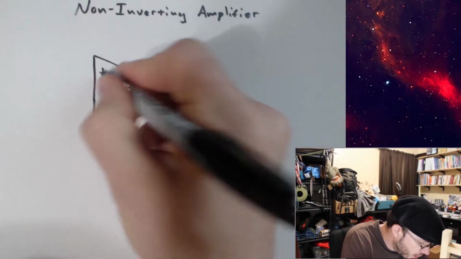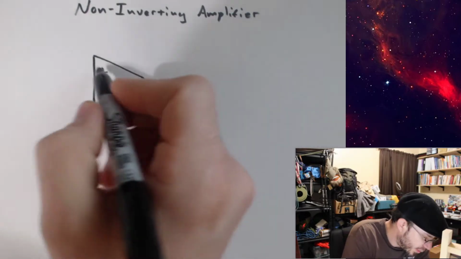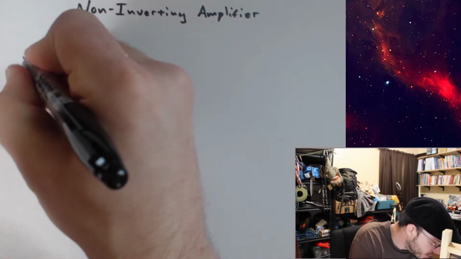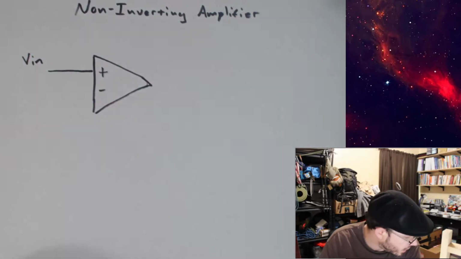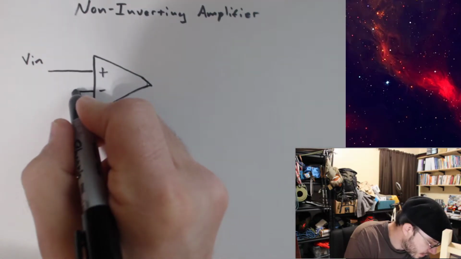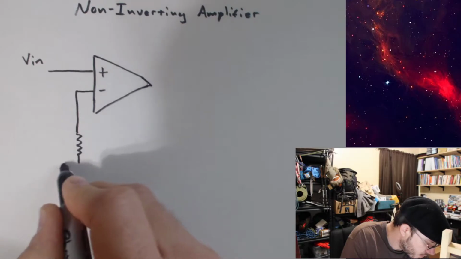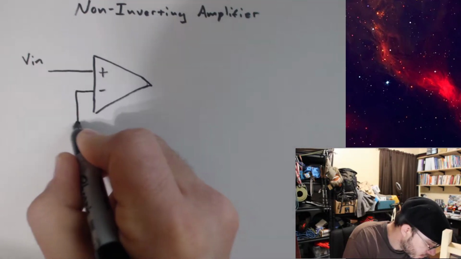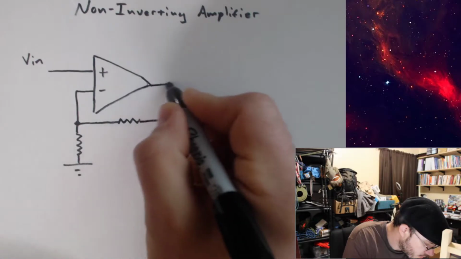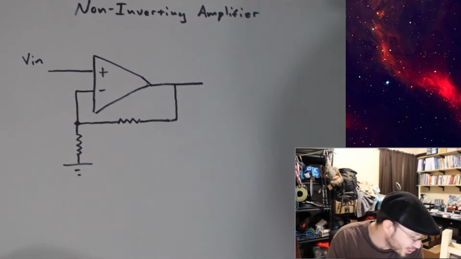Okay, we're going to have our non-inverting input at the top, inverting input at the bottom. We're going to feed our input voltage over here to the non-inverting side and our inverting side is going to have these two resistors.